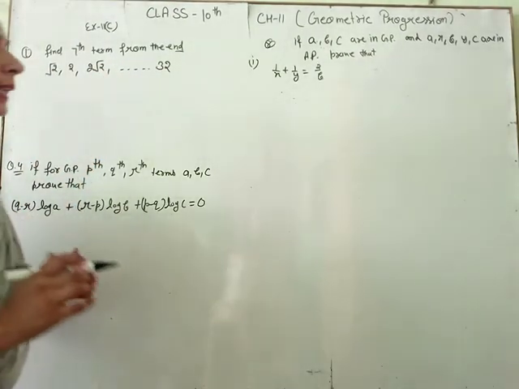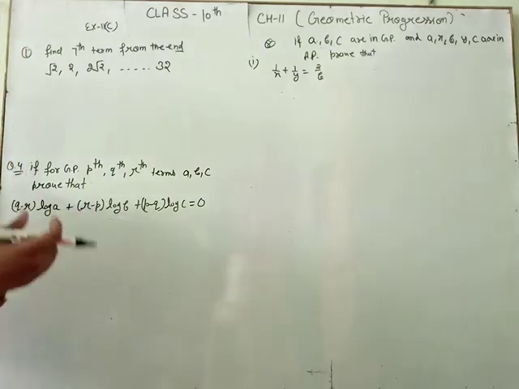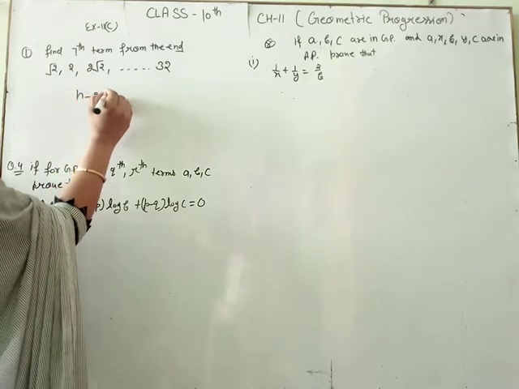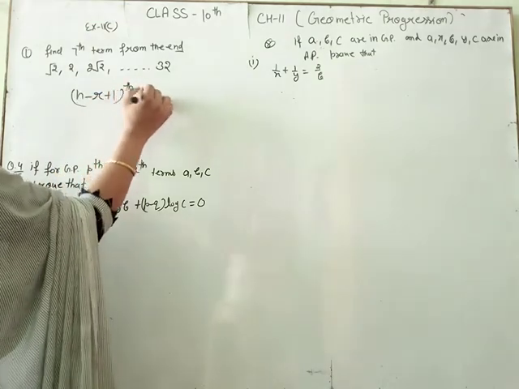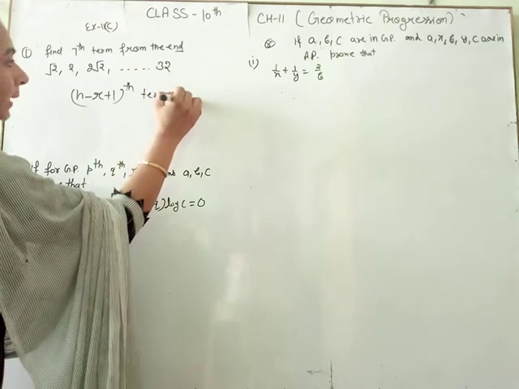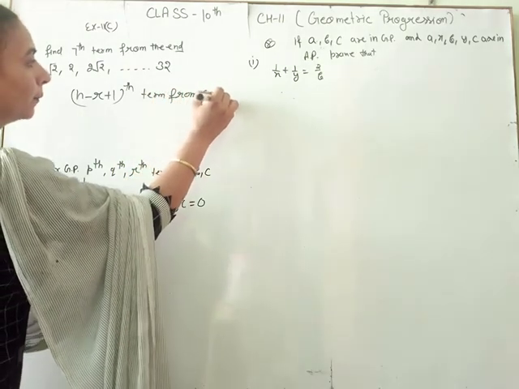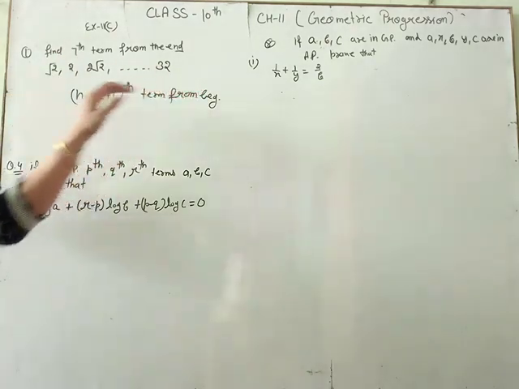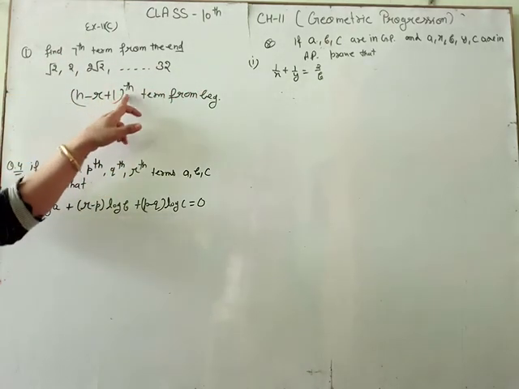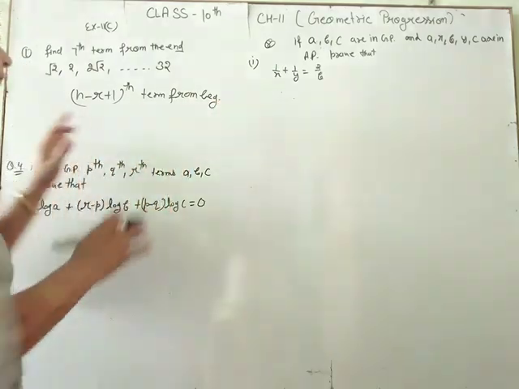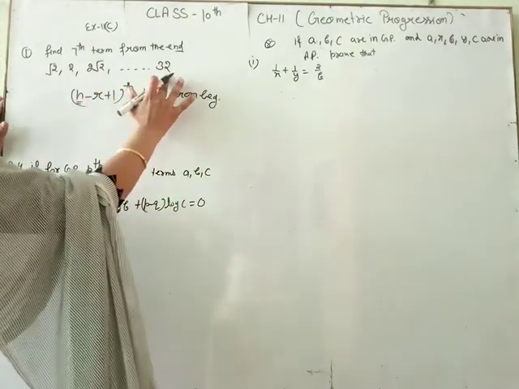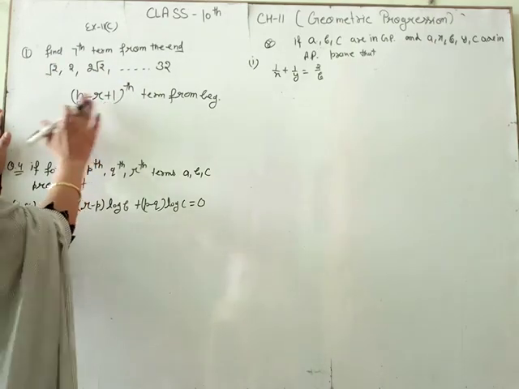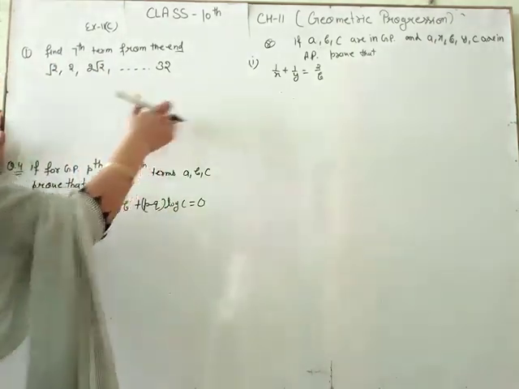If we find any term from the end, whether it is an AP or GP, then we find the (n minus r plus 1)th term from the beginning. Here n is the number of terms, so the last term is the (n plus 1)th from the start, and we find n minus r plus 1.